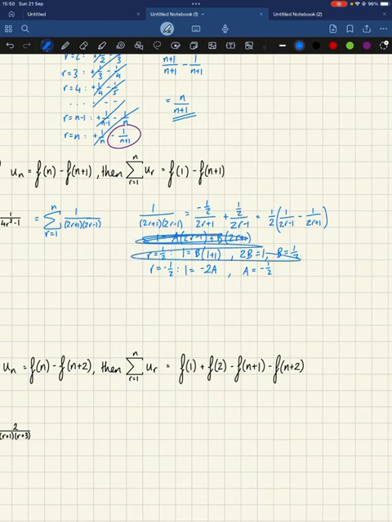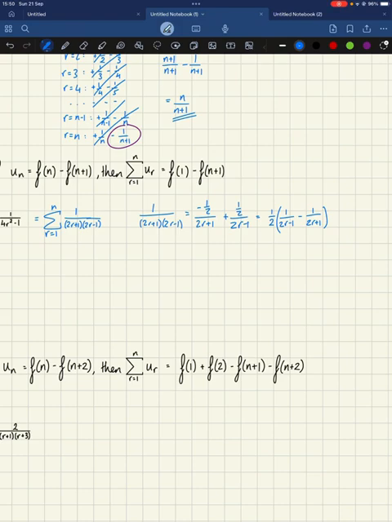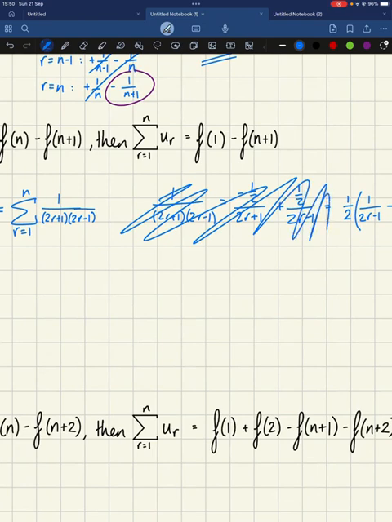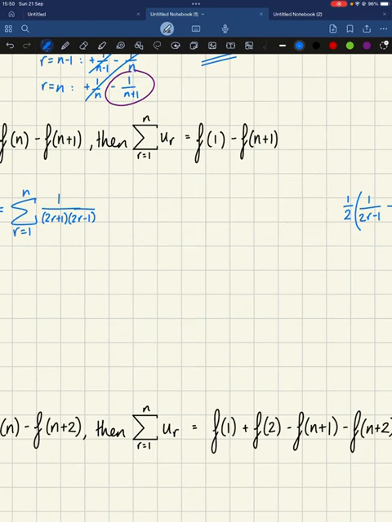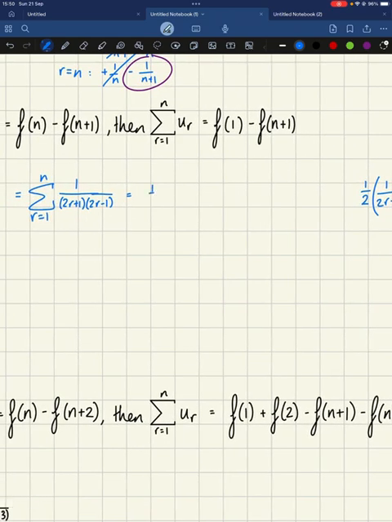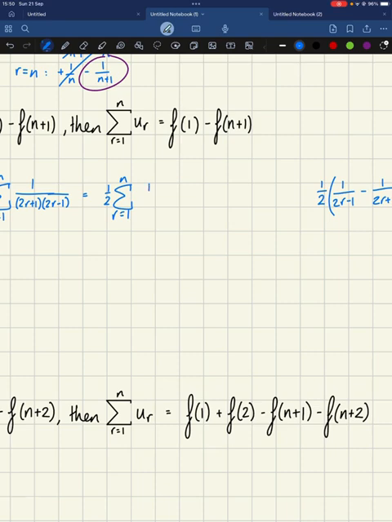So just erase this. So what we now get is this sum over here. Because we've got a half, we'll take the half out, so we get half the sum from r equals 1 to n of 1 over 2r minus 1 minus 1 over 2r plus 1.